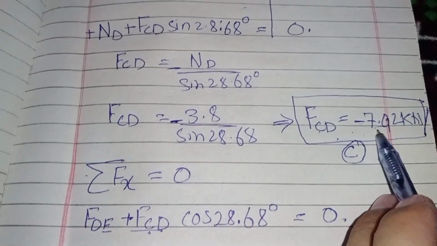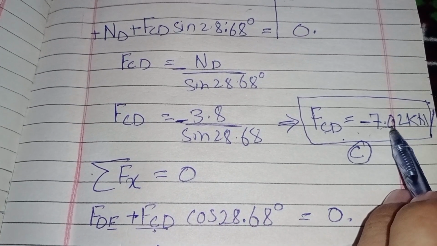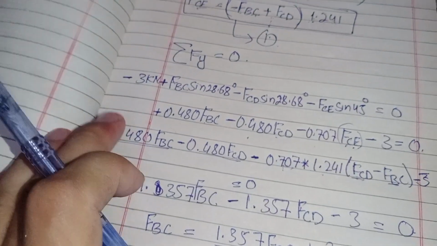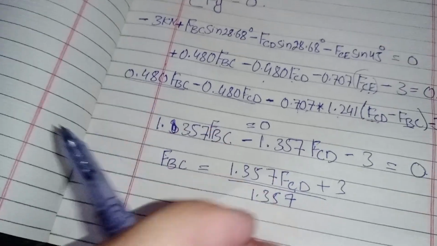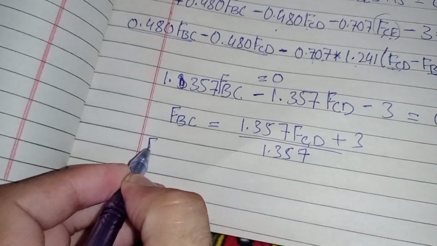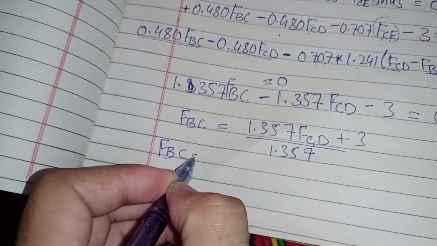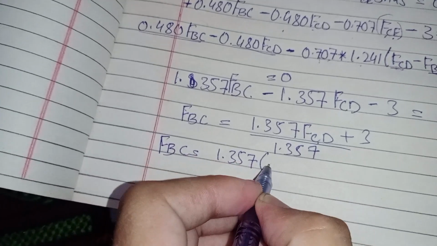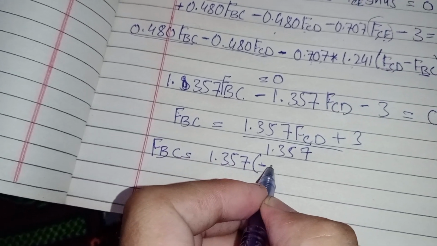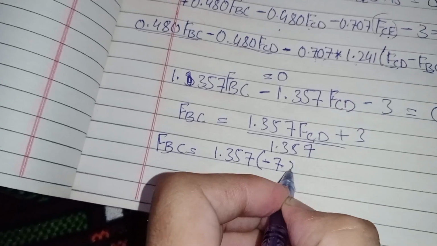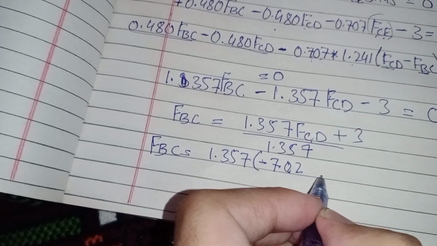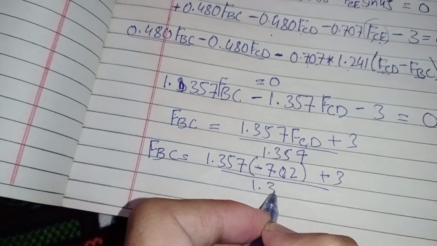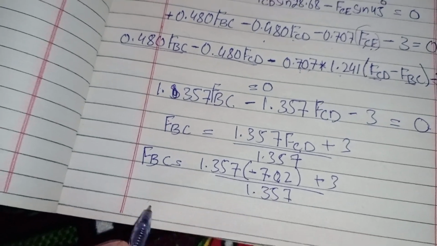The value of CD was minus 7.92 kilonewton. So F_BC equal to (1.357 into negative 7.92 plus 3) divided by 1.357.